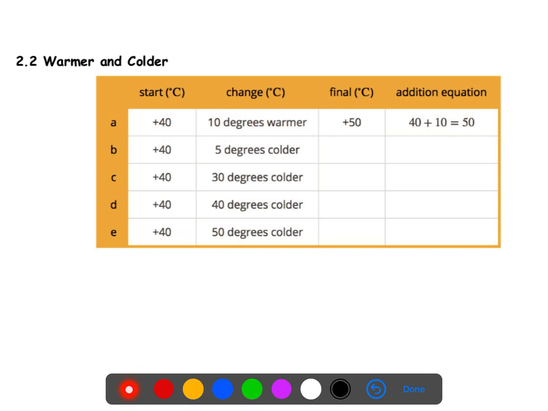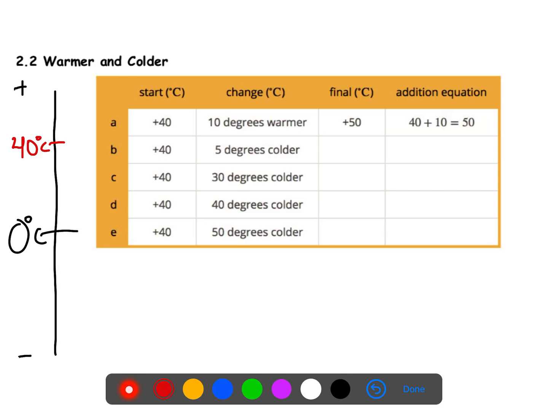Now I'm going to draw that vertical number line here with our 0 degrees Celsius here at the center, and then of course above is positive and below is negative. So remember, we are always starting at positive 40 degrees in all of these 5 examples. We'll be at 40 degrees Celsius.